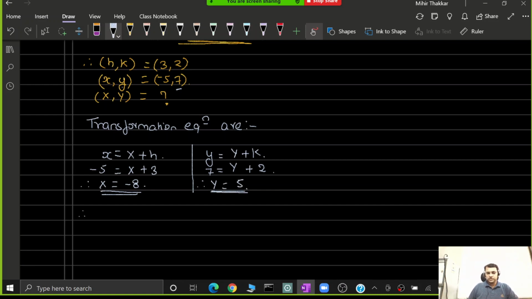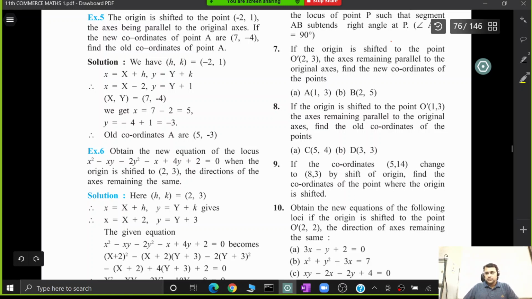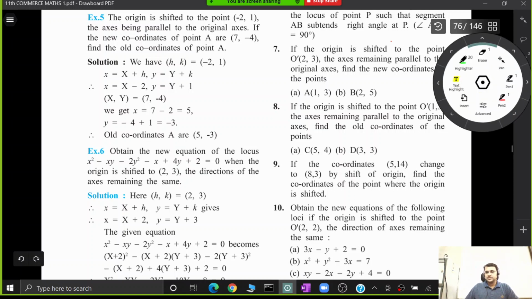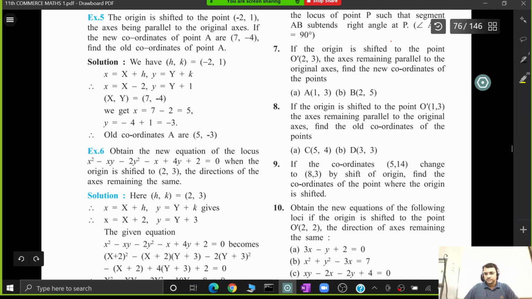Therefore, you should get over here the new point (X, Y), which is (-8, 5). The origin is shifted to the point O dash (3, 2), the axes remaining parallel. Obviously, the axes have to be parallel to each other.